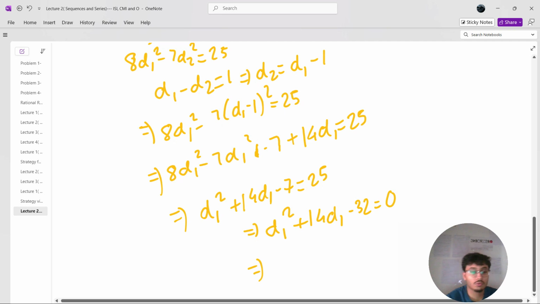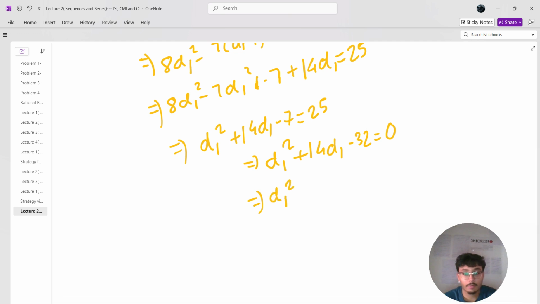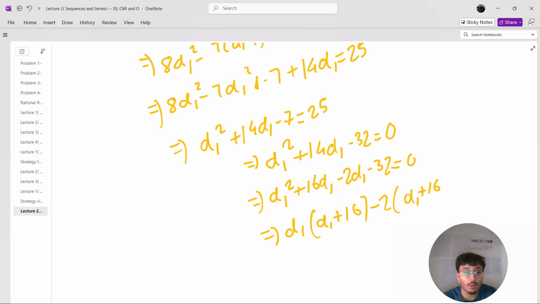So time to middle-term factorize it. My d1 square, I can be writing it as d1 square plus 16d1 minus 2d1 minus 32 equals 0. Then if I take d1 common here, I am getting d1 plus 16. If I take minus 2 common, then I am getting d1 plus 16.